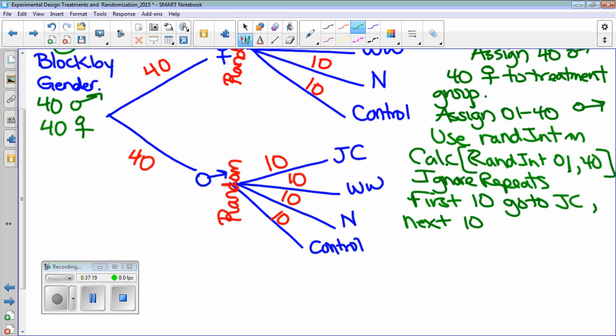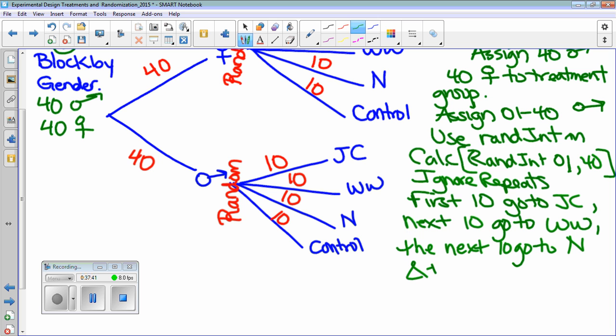Once they've been assigned to a treatment group, they can't be in both Jenny Craig and Weight Watchers, right? So the next 10 are going to go where? Pick one. Weight Watchers. The next 10 go to Nutrisystem. And the remaining 10 will be our control group.